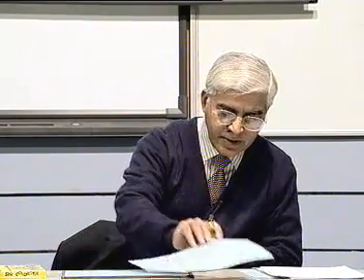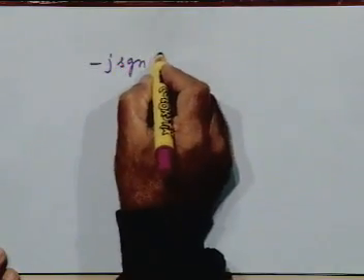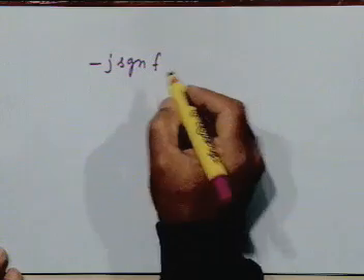Can I assume that you can do this? It will also be a good check for yourself that you can handle the Fourier transform nicely. Suppose we have this result. What does it mean? What is the inverse Fourier transform of minus j signum f?